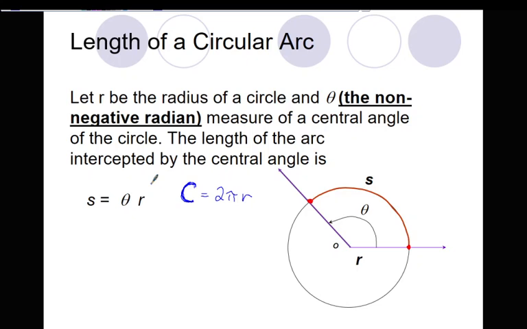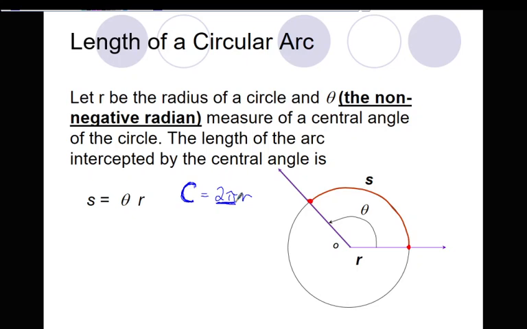Well, the reason circumference is 2 pi r is that theta in circumference's case is the 2 pi, because 2 pi means all the way around the circle. So if you want to find the arc length all the way around the circle, the angle is 2 pi. So this arc length equation, S equals theta r, is nothing more than a piece of the circumference.